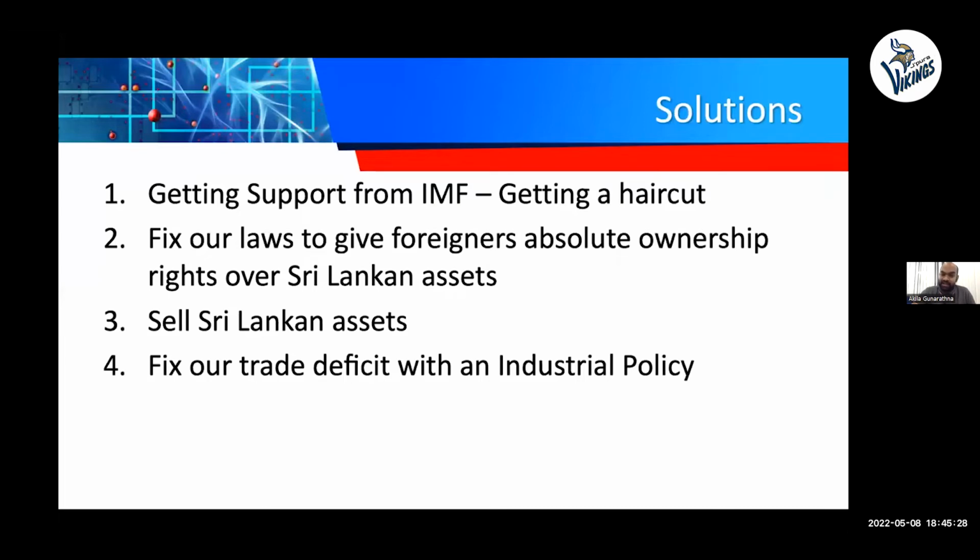They get ownership over the rights of Sri Lankan assets for some time period and give the loans. We don't have pressure to repay the debt, we just need to service the interest on it. That's not a very preferred option, though it's there because we have a good asset base. Or selling some of the assets, not all.